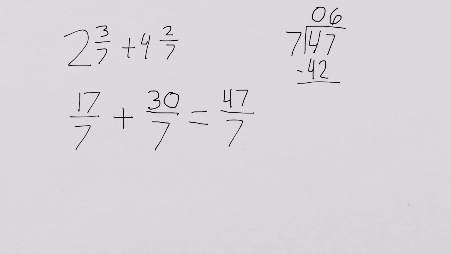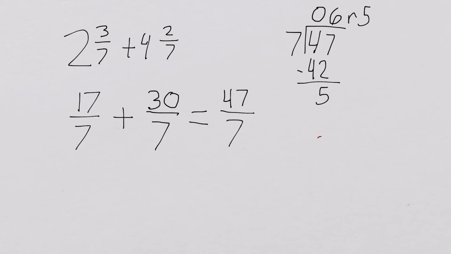We subtract and we get 5. So we would get 6 remainder 5 as our quotient, but remember, just like we talked about in the last video, we don't want remainders when we're dealing with fractions or mixed numbers. We want to turn all of this into a mixed number.